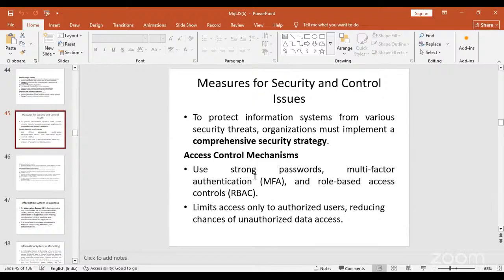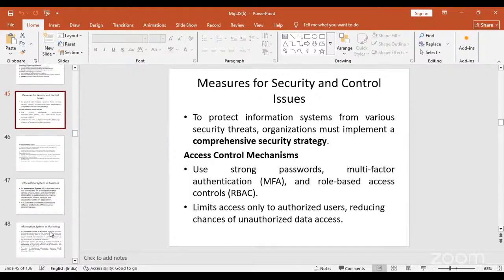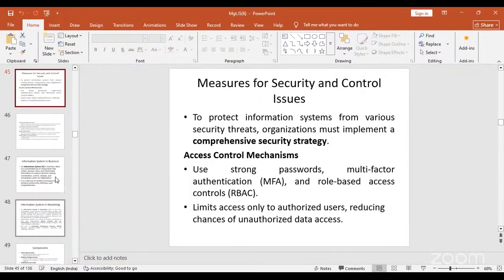So each and every database or information system is secure. That is limiting the access only to authorized users, reducing the chances of unauthorized data access. So that is a control mechanism. Clear? That is the main control mechanism of information system.